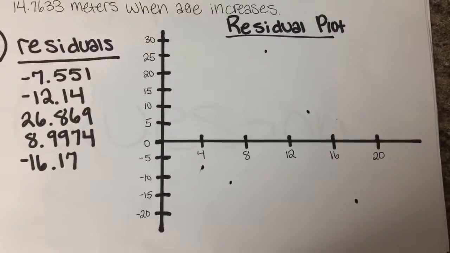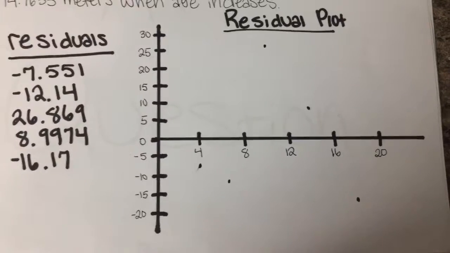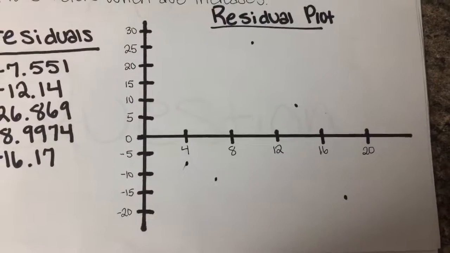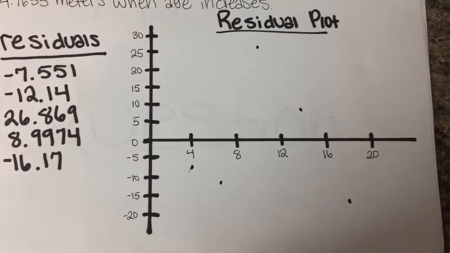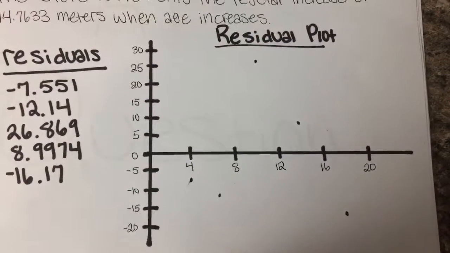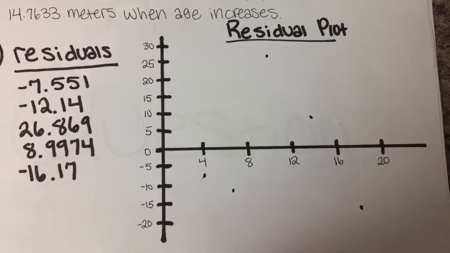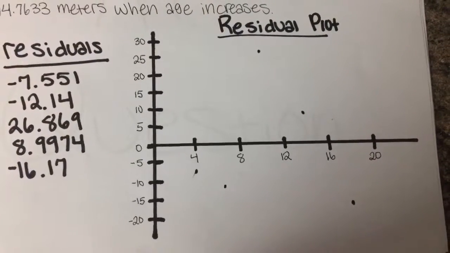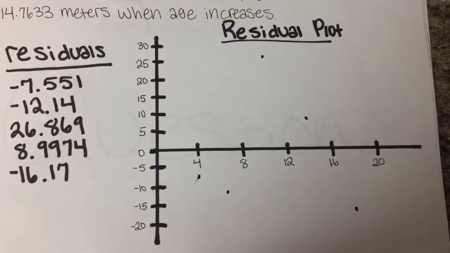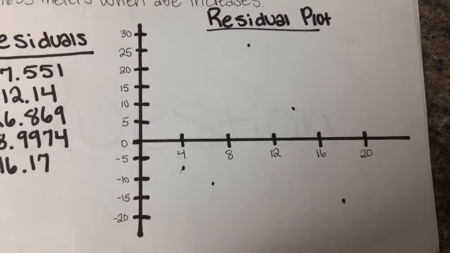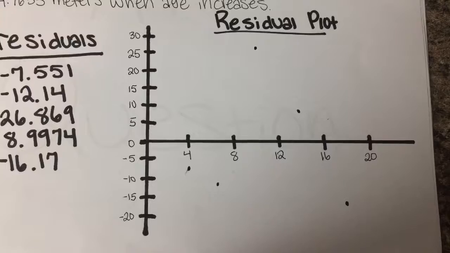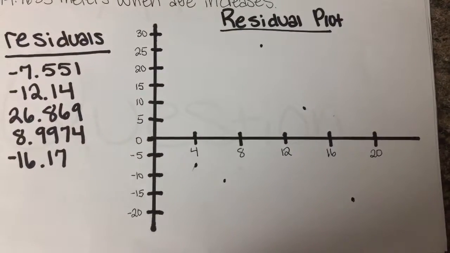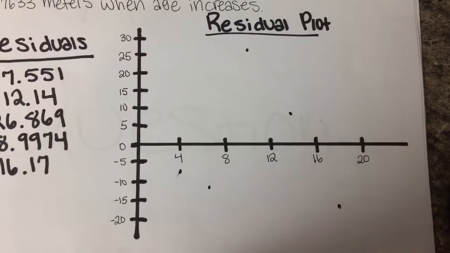It asks if there are any unusual features on this graph, and the only thing that I would say is an unusual feature is that 4 out of 5 of these residuals are within 17 of the regression line, which is 0. But that 1 point, the 26.869, that's all the way at 26.